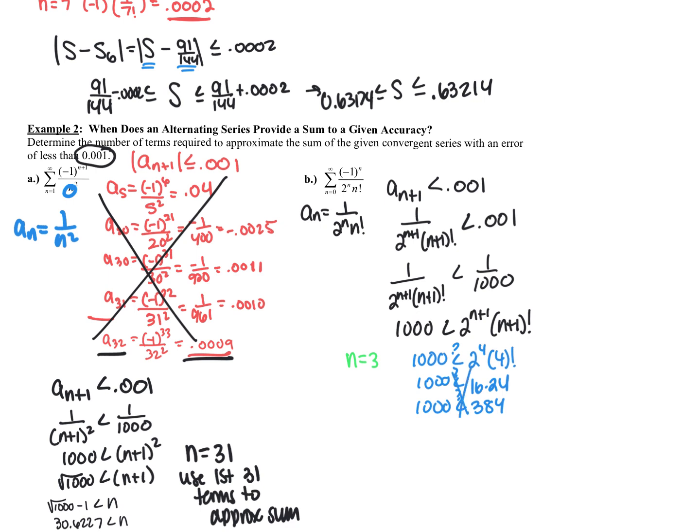So 3 doesn't work. But let's look at what happens with 4, because factorials go up really fast. So the question is that greater than 1,000? So we'll have 2 to the 5th times 5 factorial, and that will be 32 times 120, which is 3,840, which is greater than 1,000.